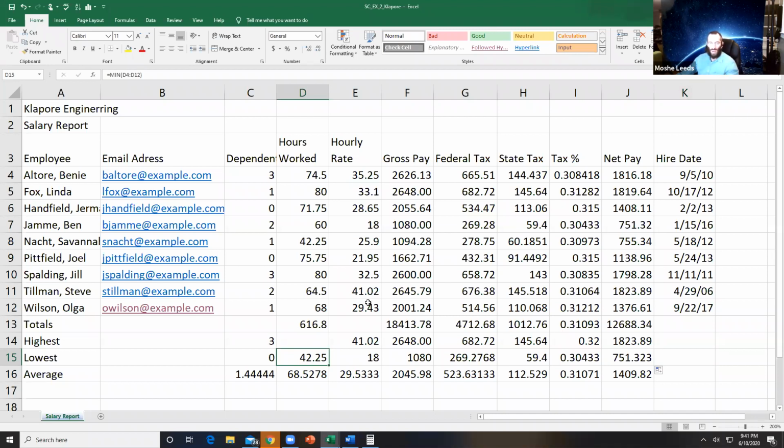Okay, so let me show you how I got my min, my max, and my average. So for my max, notice here in my formula bar, I have max. So let's say I wanted to do max differently.